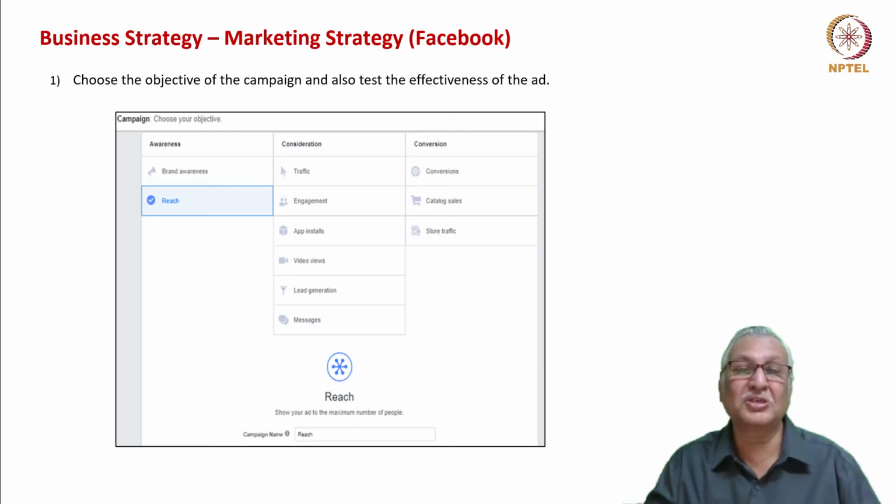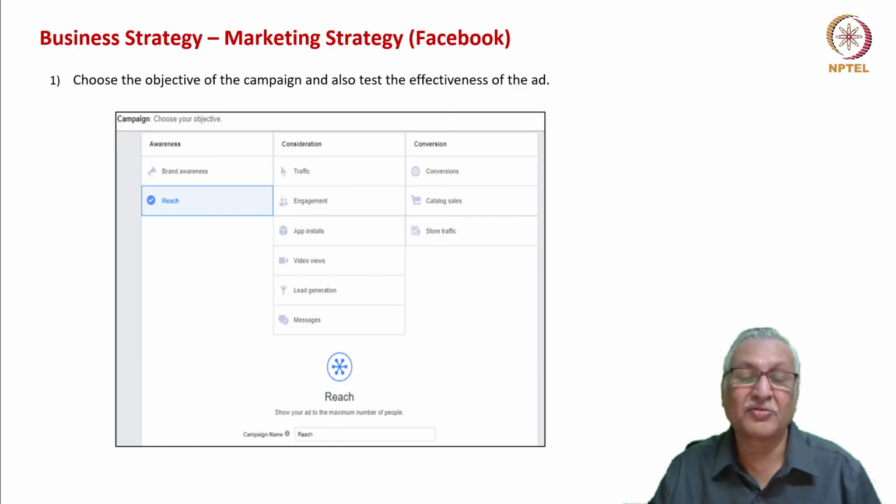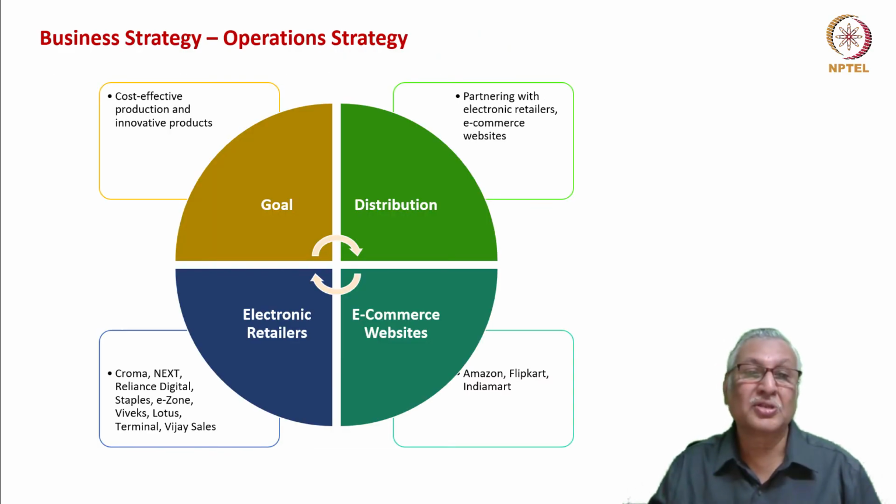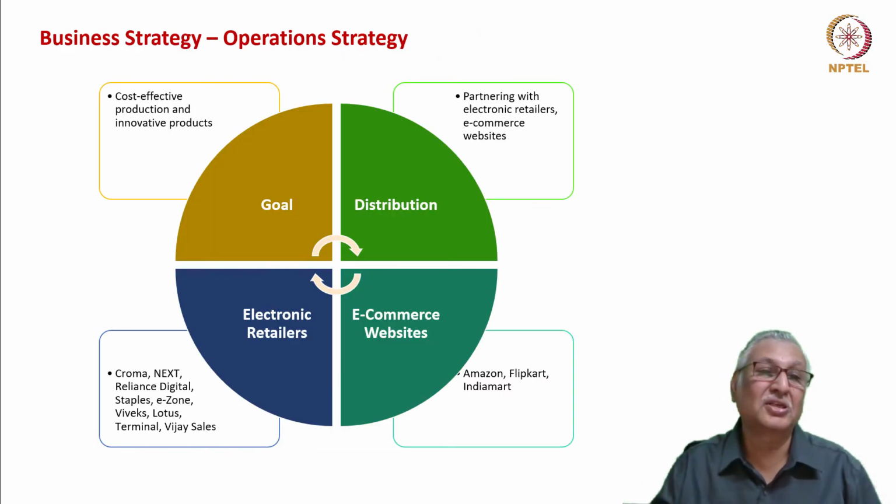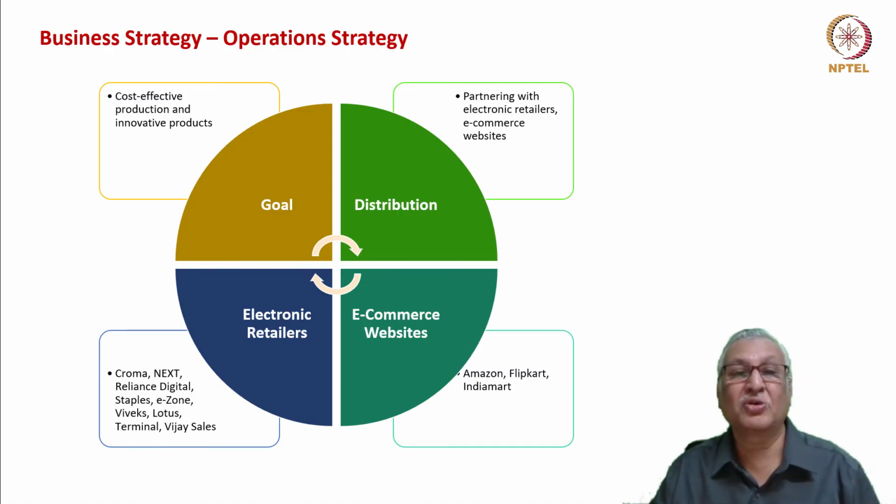Then you choose the objective of the campaign and also test the effectiveness of the ad, and that will help you to get various considerations such as traffic, engagement, app installs, video views, lead generation and messages, and how you are able to convert the users of one product into your product and how it improves the reach and brand awareness. So the operation strategy is interlinked with business strategy, just as the product strategy is interlinked with business strategy.